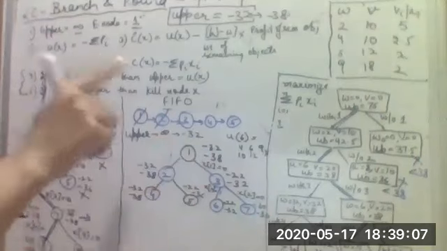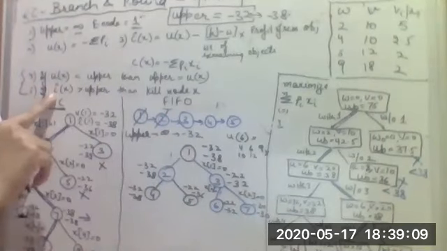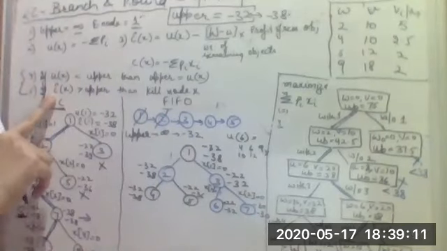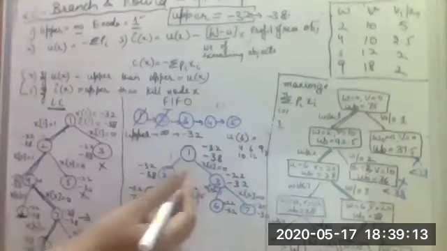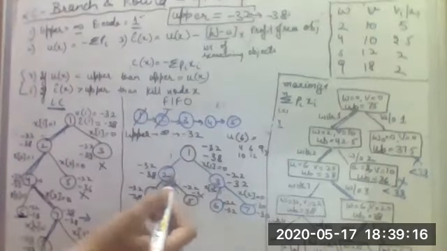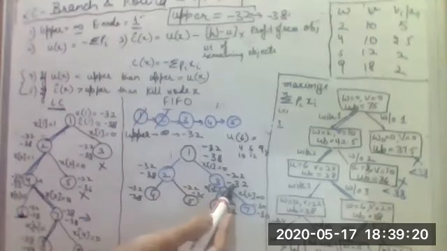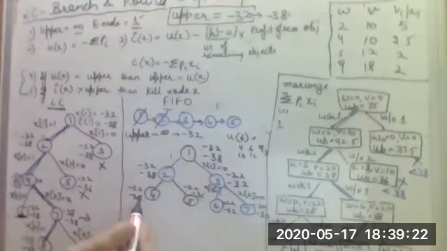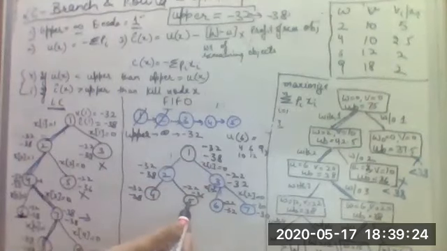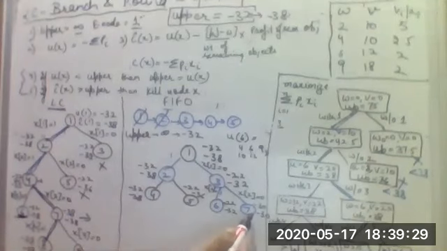But let's quickly see, do you have a C cap value which is greater than your upper value? C cap value greater than this? No. C cap value is minus 38, greater than minus 32? No. This is minus 32, greater than this? No. Minus 38? No. Minus 36? No. Minus 32? No. Minus 30?